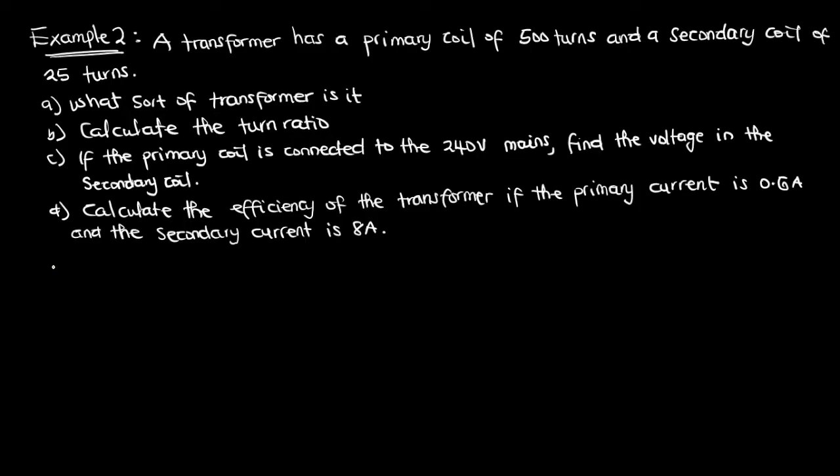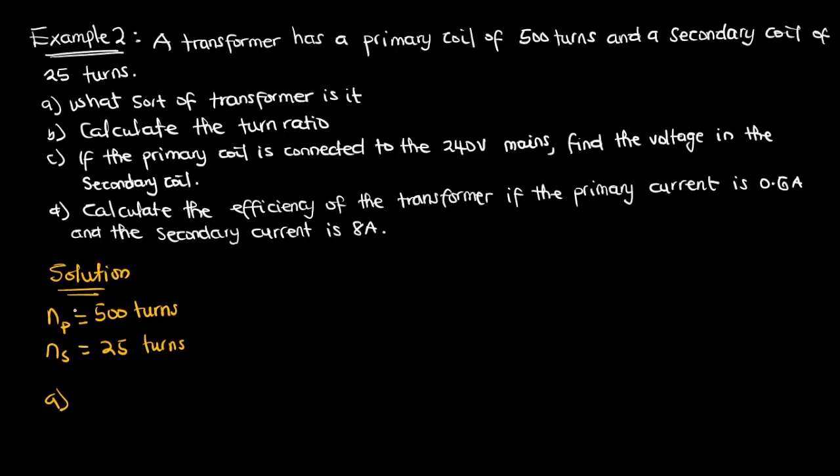Let's dive in. So we write down our solution. So the transformer has a primary coil of 500 turns. So our number of turns in the primary, NP, is 500 turns. And then the secondary coil has 25 turns, so our NS is 25 turns. Now they are asking us what sort of transformer is this?